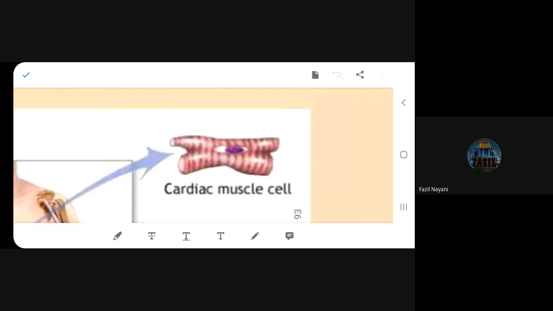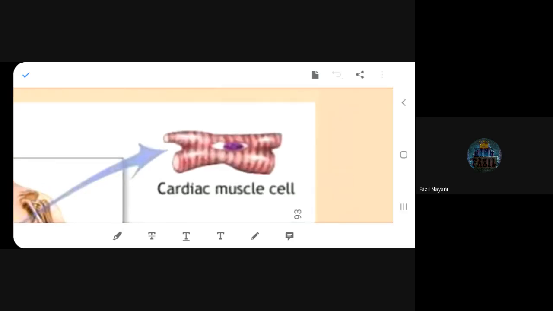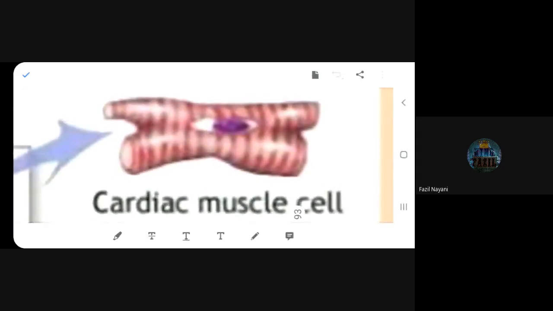What is the function of areolar tissue? Where do you get areolar tissue? First of all, you tell me that. Where do you get the areolar tissue? What is the type of tissue? Areolar tissue comes in which category? It's a type of connective tissue.